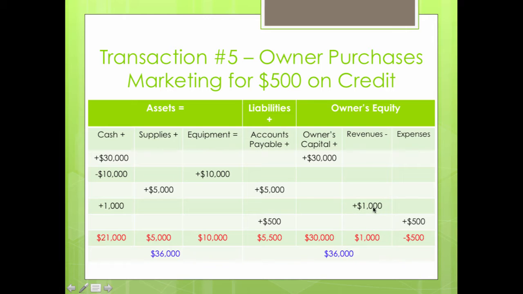Because we have added everything here as positive except when we pay for cash, but we need to make sure that at the end of it all, when we come to minus expenses, we record the balance as minus 500. And if you do that, when you add all of this, you're going to see that the accounting equation balances, because it's $36,000 equals $36,000.